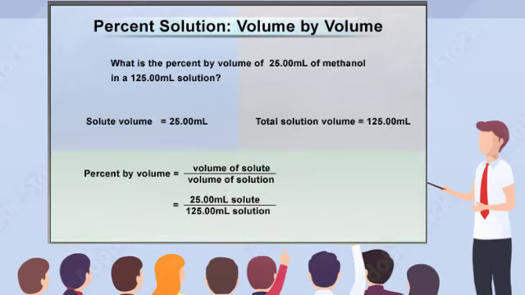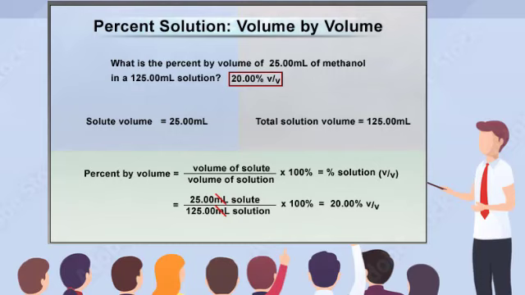The volume of solute divided by the total volume of solution multiplied by 100% gives a value of 20%. Since the units for volume are the same, they cancel. This solution contains 20% methanol. Remember to indicate that this measurement of percent solution is volume to volume, which is abbreviated as V over V.